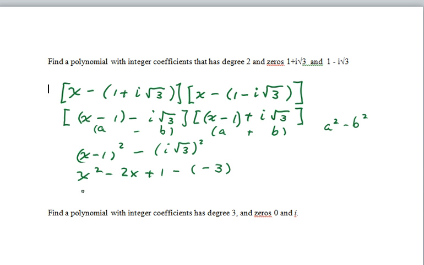And so this simplifies as x squared minus 2x plus 1 plus 3, or plus 4. And you should confirm that if you use the quadratic formula, you will get the two given zeros.